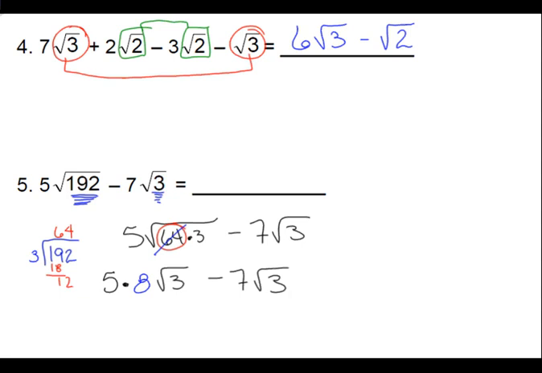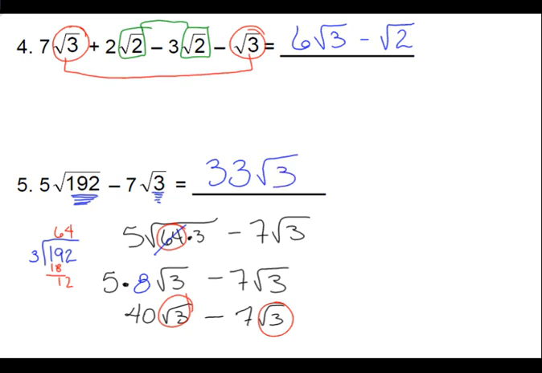I've got to multiply 5 times 8 now, so 5 times 8 gives me 40 times the square root of 3 minus my 7 square root of 3. Hey, look, now these are both square root of 3. Since they're both square root of 3, I can say 40 minus 7. 40 minus 7 is 33. And I've got my square root of 3 chilling at the end.